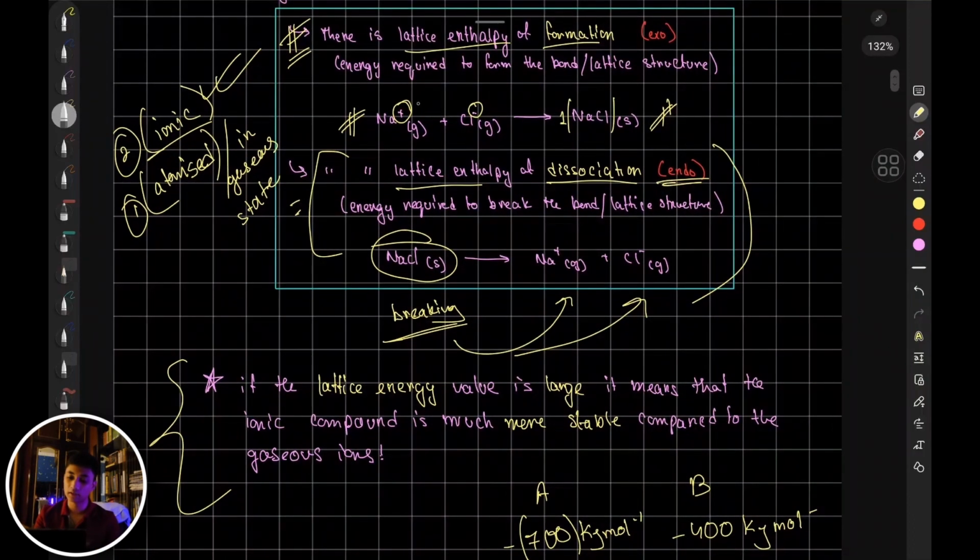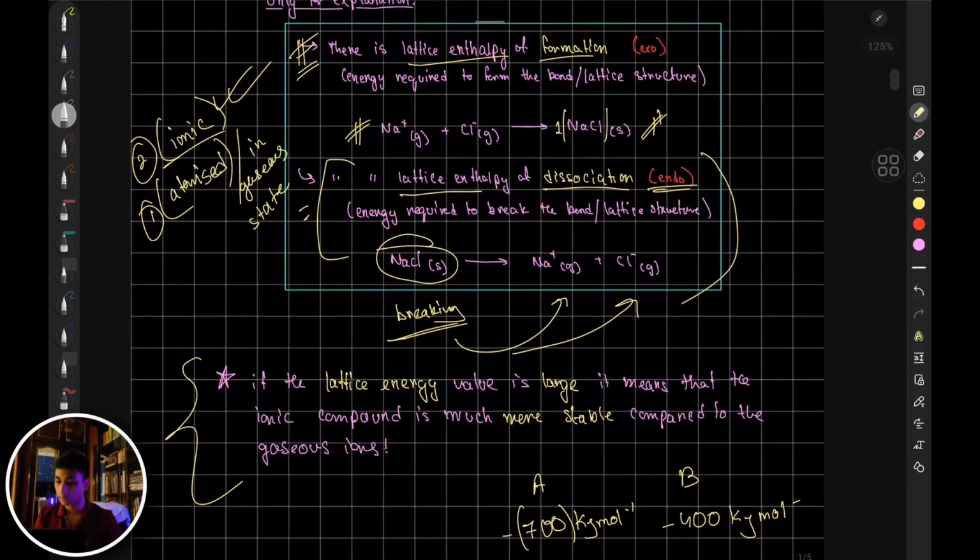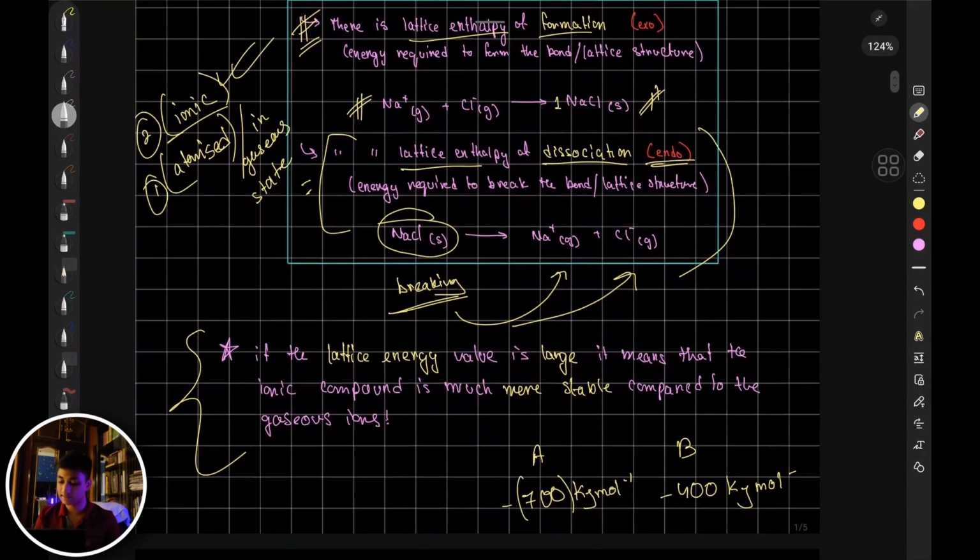What does this mean? So, for let's say NaCl, if NaCl has negative 700 kJ per mole of energy being released to form NaCl, that means NaCl is far more stable than the reacting ions.